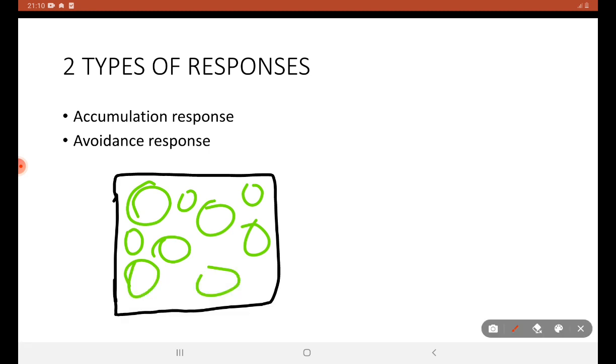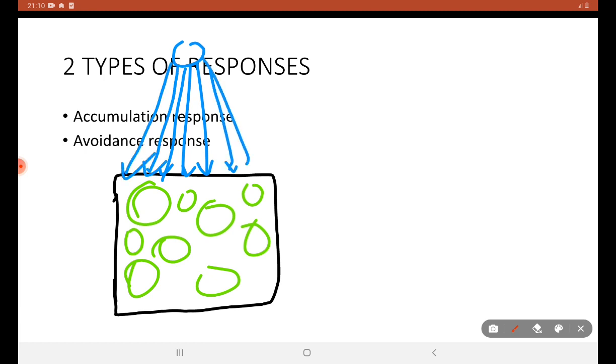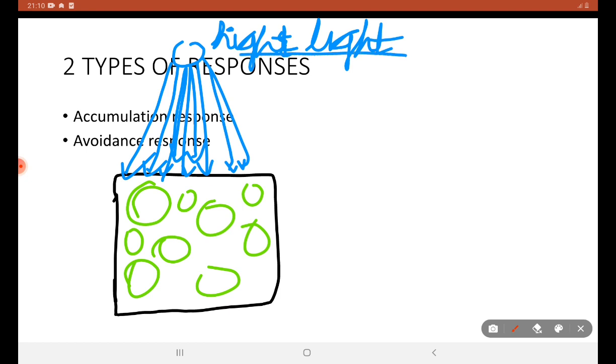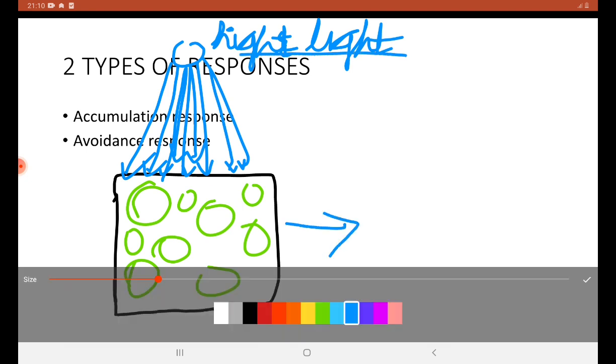Consider a light source of very high intensity. High light. We are exposing the cell to high light response. So what will happen?